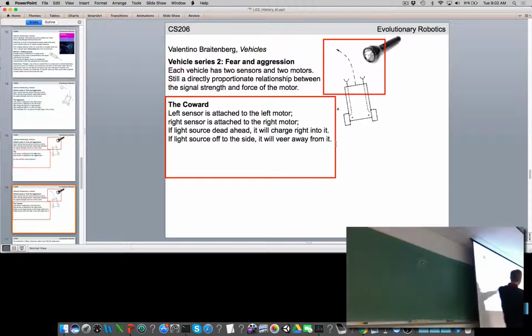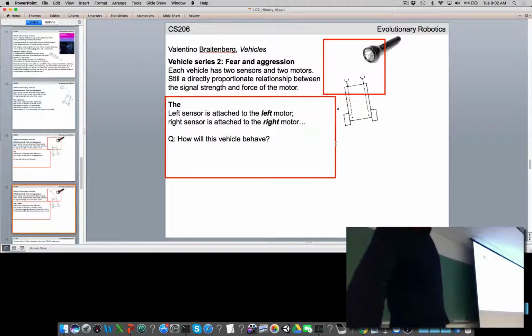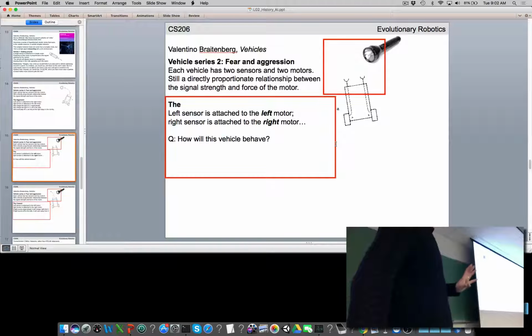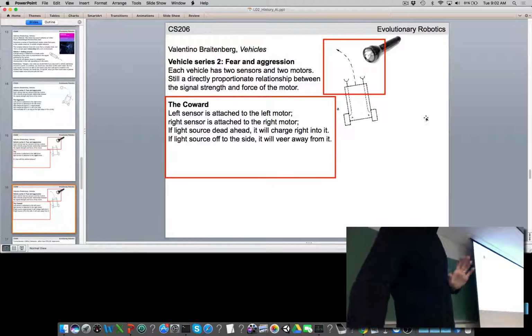So we need two sensors, one front left and one front right, two wheels at the back, and with just two wires, we can get either photophobia, or if we cross those wires, we can get phototaxis. So a very, very simple brain, but again, from the starting point, Braitenberg is already thinking carefully about the body of the robot as well. This is pretty important. We'll see why a little bit later today.